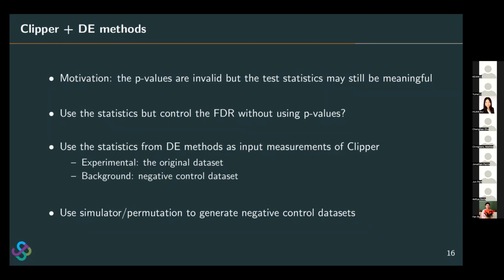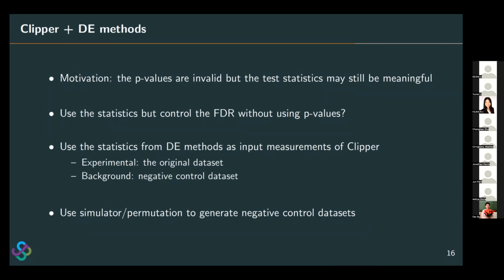We can do this: we first do the DE analysis on the original dataset and get the summary statistic for all of the features and treat them as the experimental condition. We can also repeat this procedure on a negative control dataset.